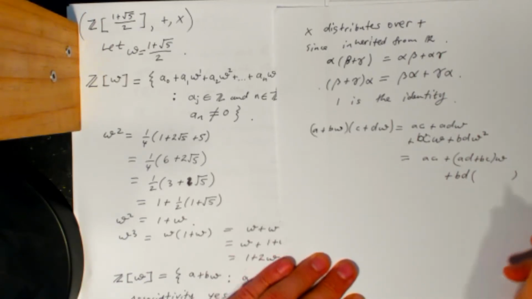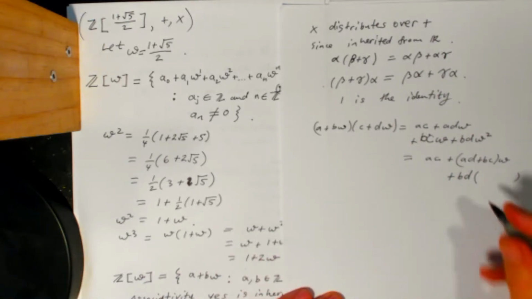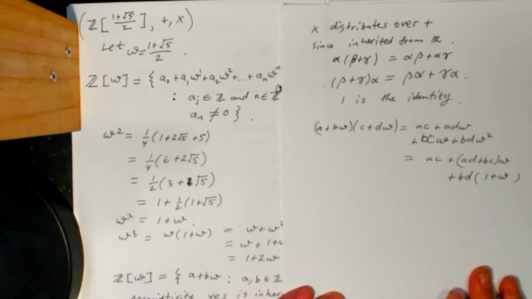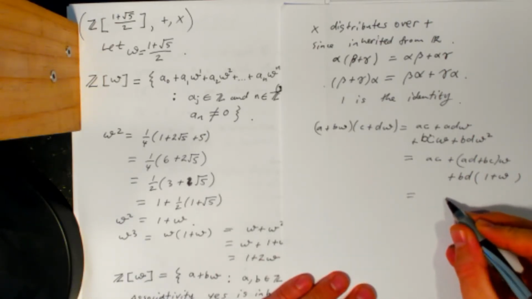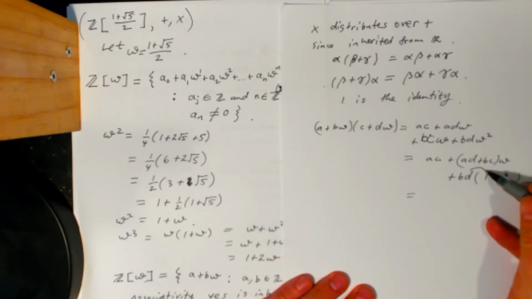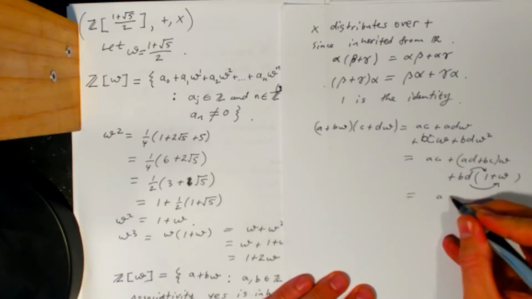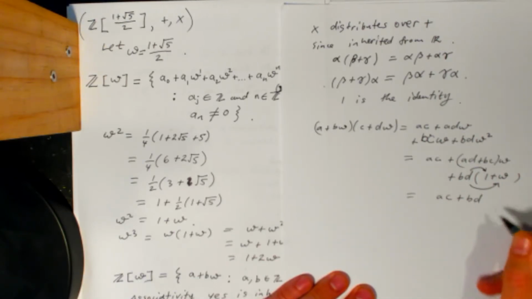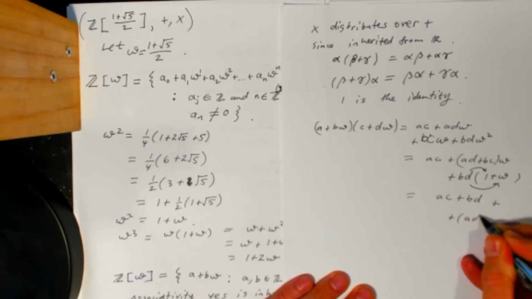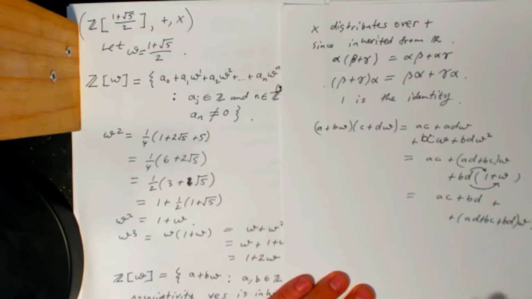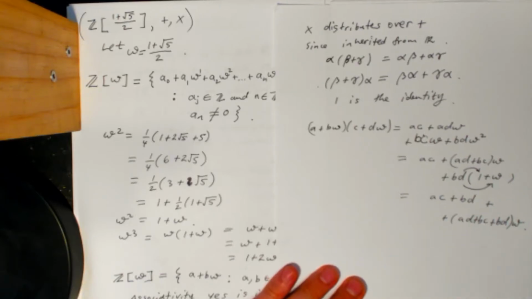But we know that omega squared is 1 plus omega, so we can expand this and simplify, and we have AC plus BD, and then plus AD plus BC plus BD times omega. Okay, so this is what our products look like in this particular ring.